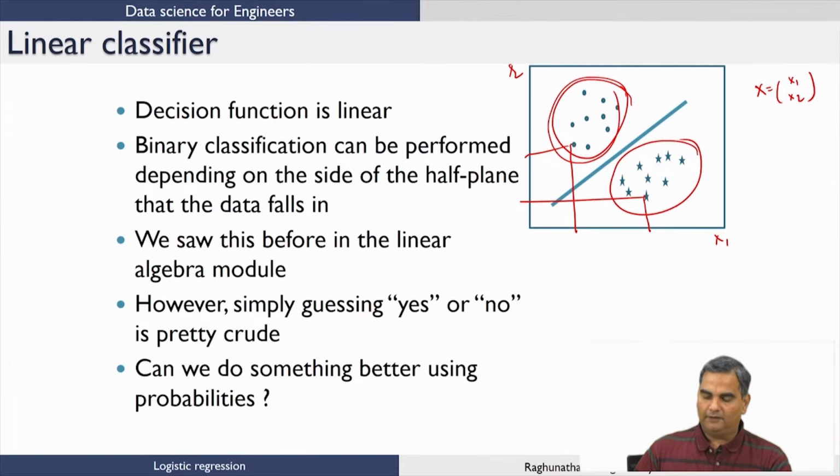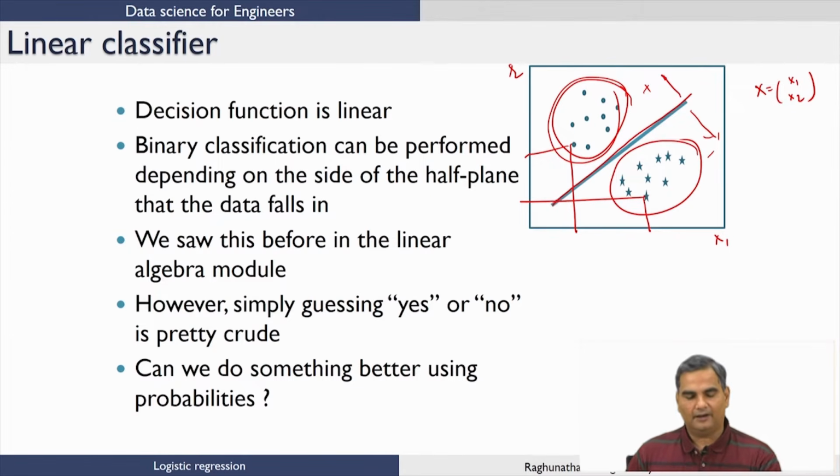Now, if we were able to come up with a hyperplane such as the one that is shown here, we learned from our linear algebra module that to one side of this hyperplane is a half space, this side is a half space, and depending on the way the normal is defined, you would have a positive value and a negative value to each side of the hyperplane. This is something that we had dealt with in detail in one of the linear algebra classes.